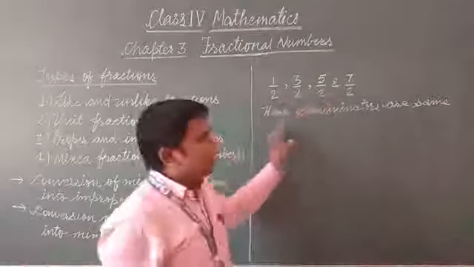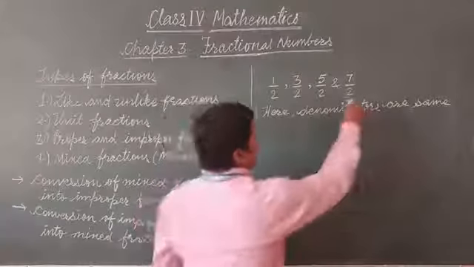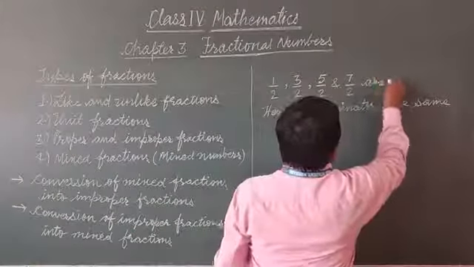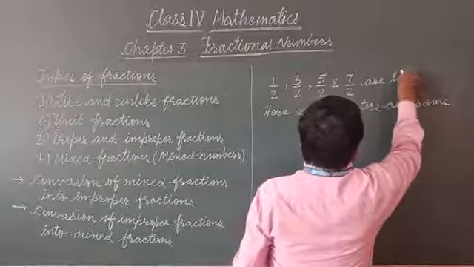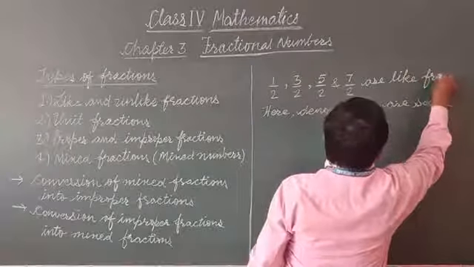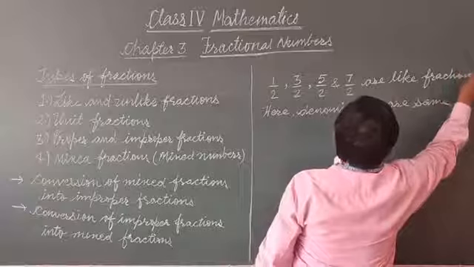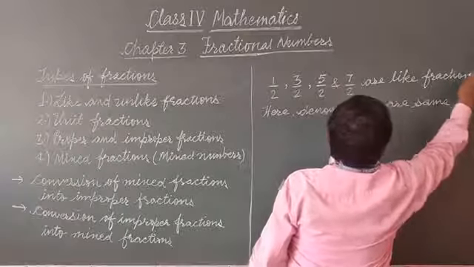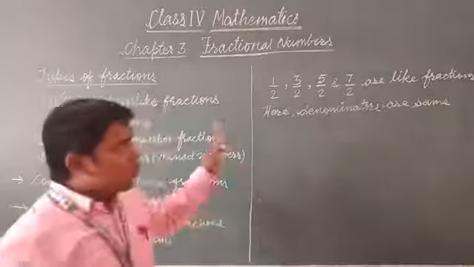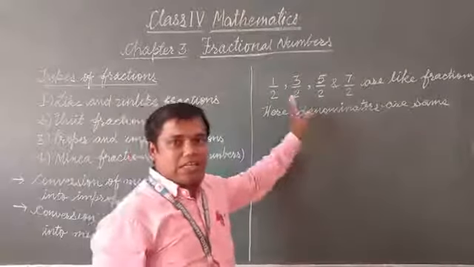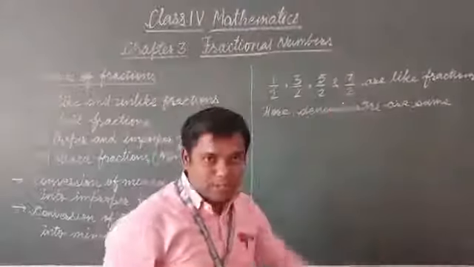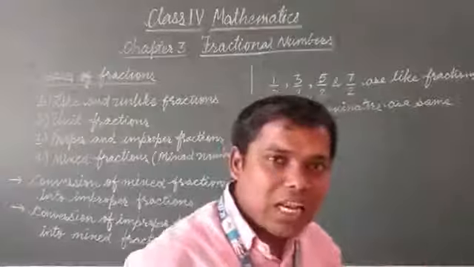Therefore, all these fractions are like fractions. This is the definition: when the given fractions have the same denominators, they are called like fractions.